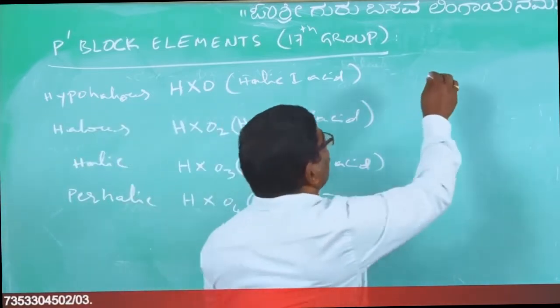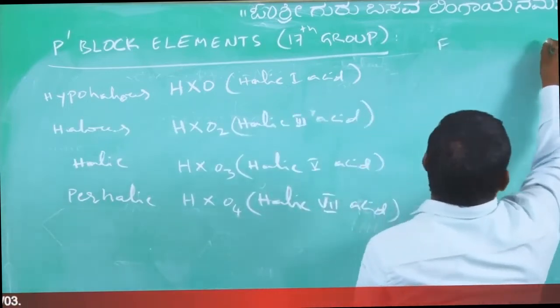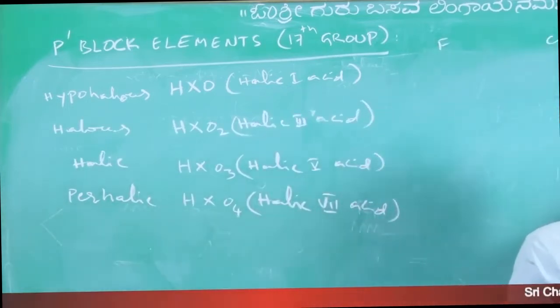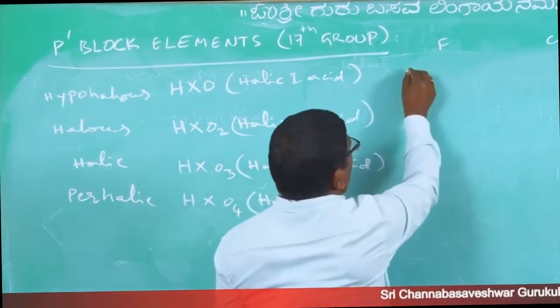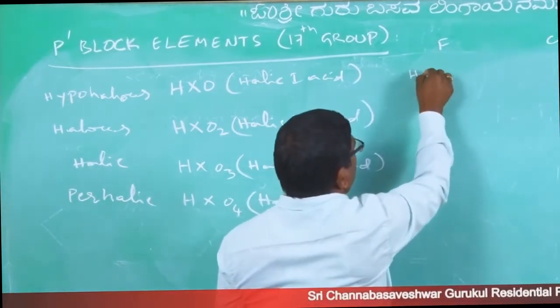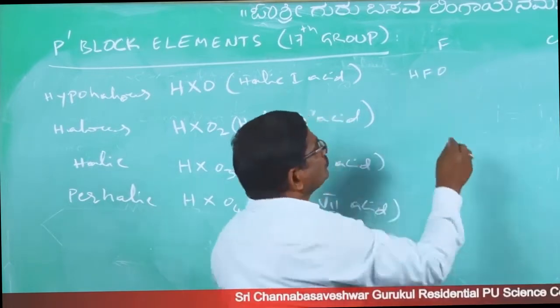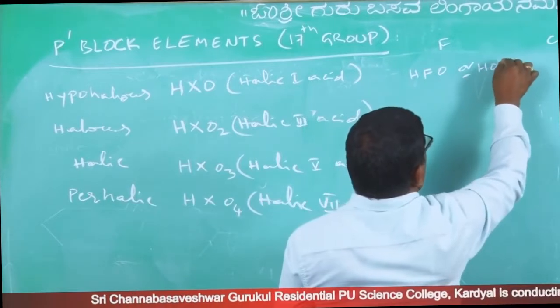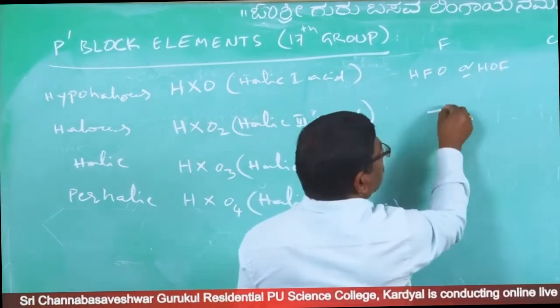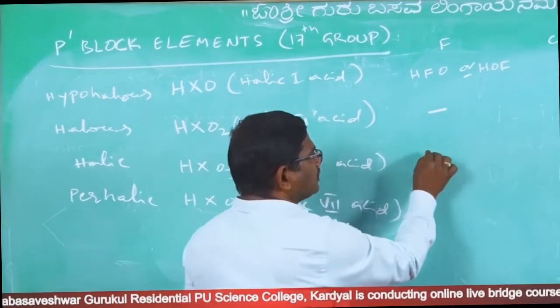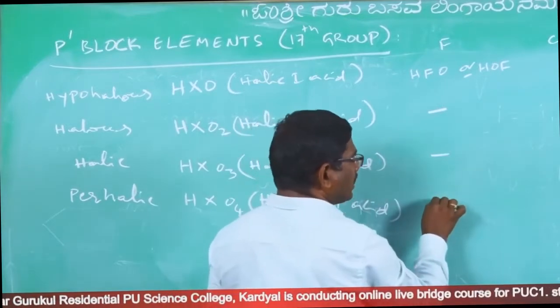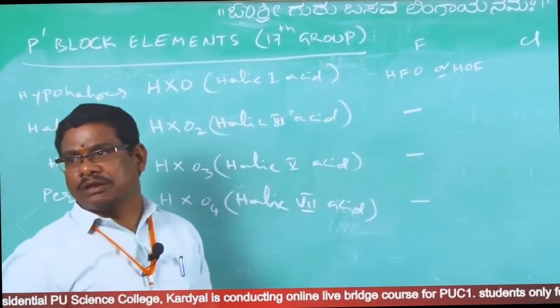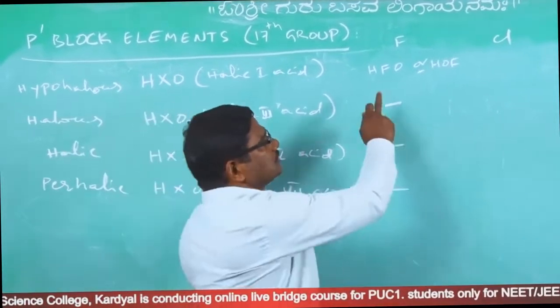Here, fluorine, chlorine, bromine, iodine if you consider. For fluorine, HFO or HOF, whereas halous acid, halic acid, that is fluoric acid and perfluoric acid, are not possible in case of fluorine, right.